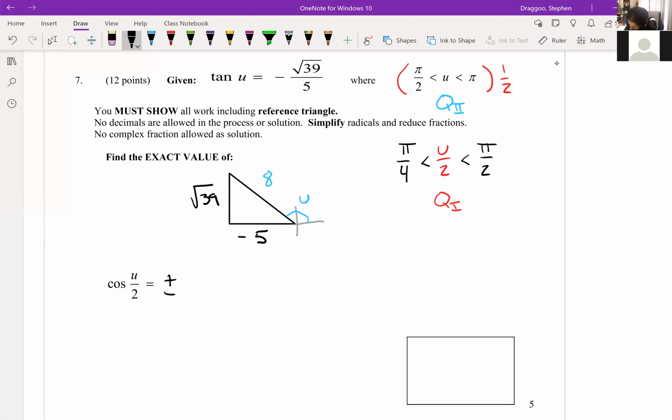From the formula, we know that it is plus or minus the square root of 1 plus the cosine of u over 2. And we're in the first quadrant, so we're going to choose the positive value.